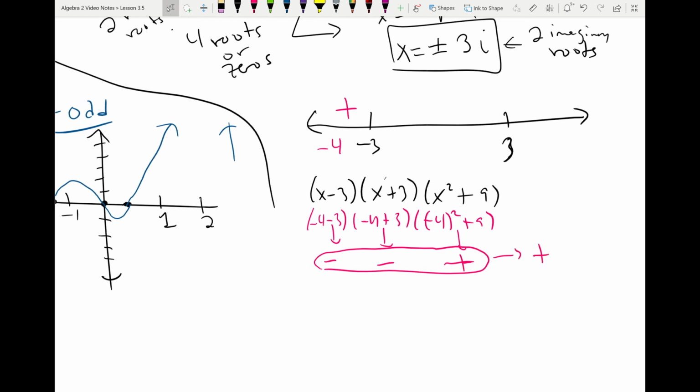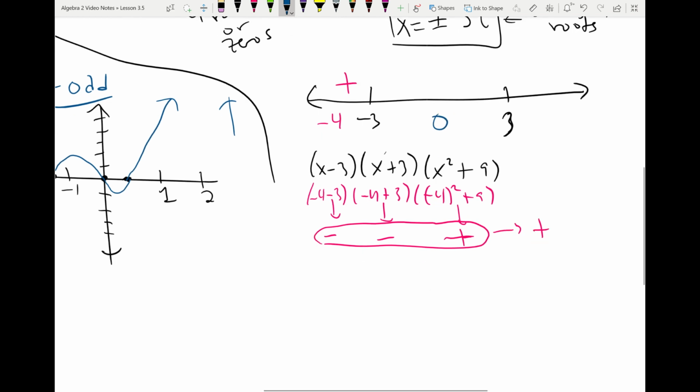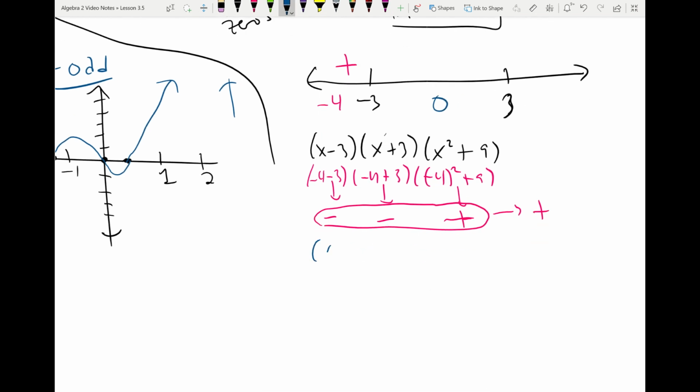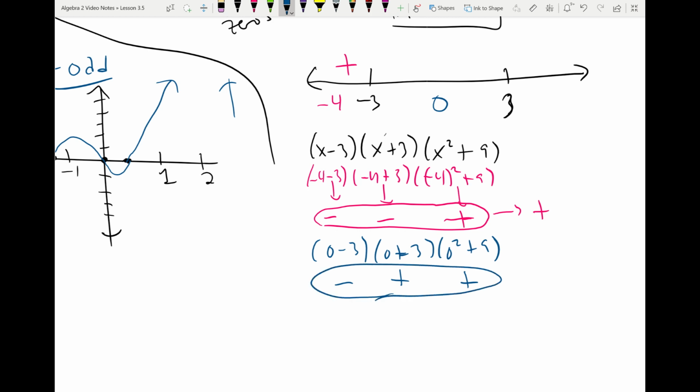All right, now let's plug in a number like 0, between negative 3 and 3. So if I plug in 0 minus 3, 0 plus 3, 0 squared plus 9: 0 minus 3 is negative, 0 plus 3 is positive, 0 squared plus 9 is positive. A positive times a positive is a positive, a negative times a positive is a negative.